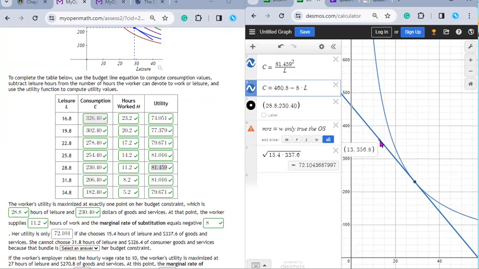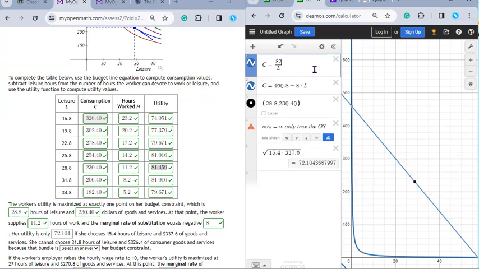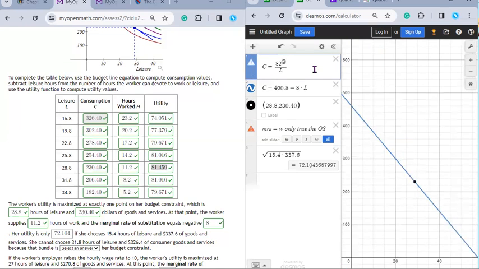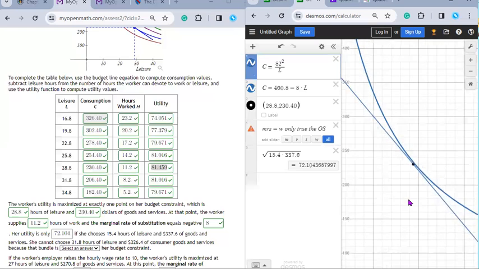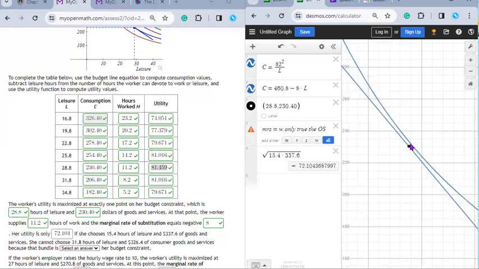You can't get a higher level of utility, because any other level of utility, say 82, means no point on the indifference curve is affordable.